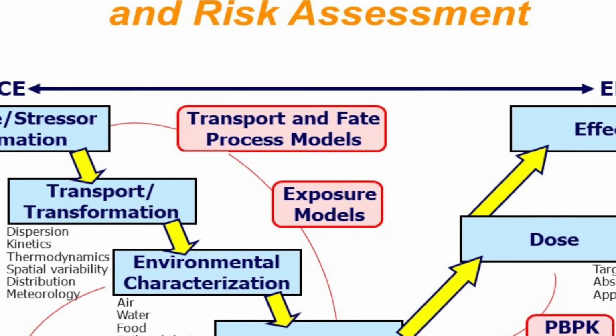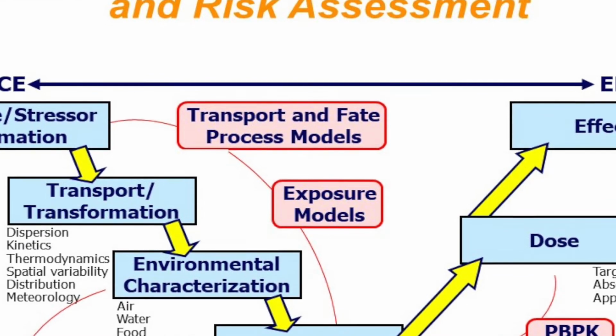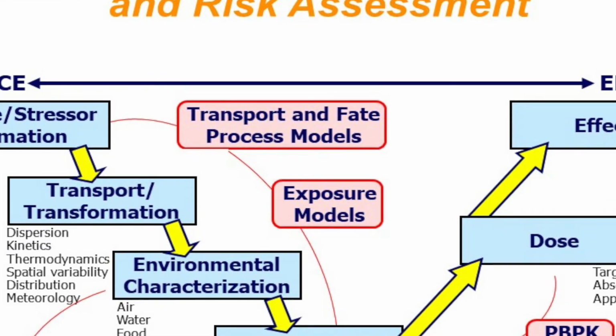And then the other issues are the pathways of exposure, the duration of exposure, frequency of exposure, intensity, and timing of exposures, which are critical factors in determining exposures. And finally, the effects can be short-term acute effects or chronic effects, as the top right of the slide demonstrates.